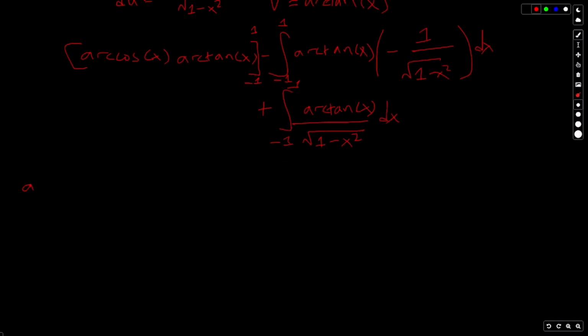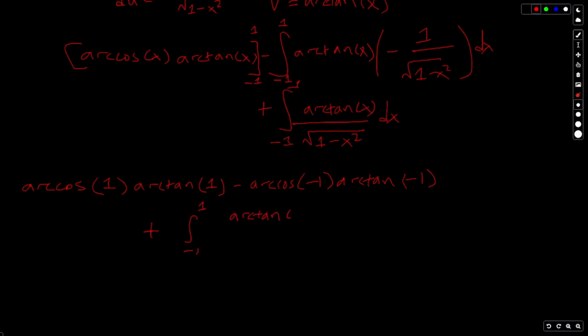So we have arc cosine of 1 times arc tangent of 1 minus arc cosine of -1 times arc tangent of -1. And to this, we add the definite integral from -1 to 1 of arc tangent of x over square root 1 minus x squared dx.